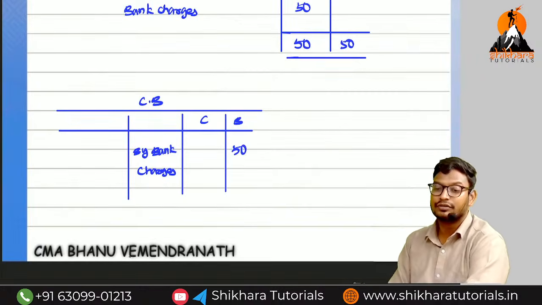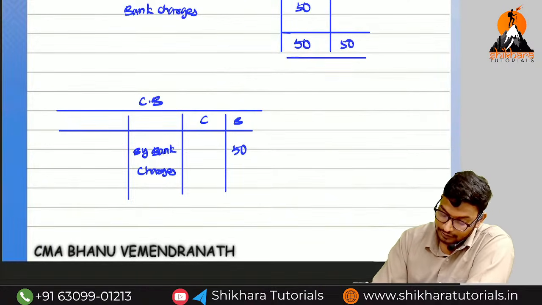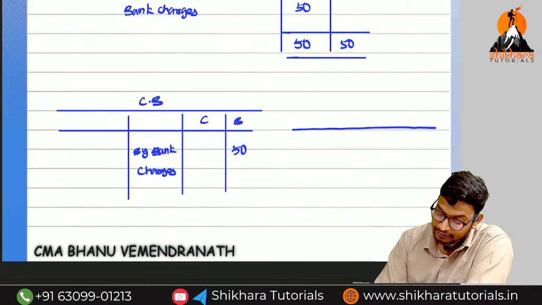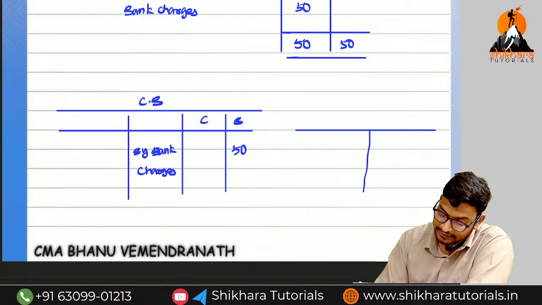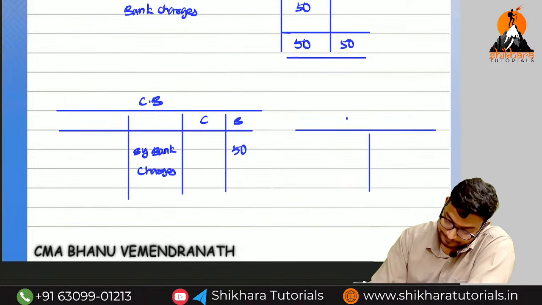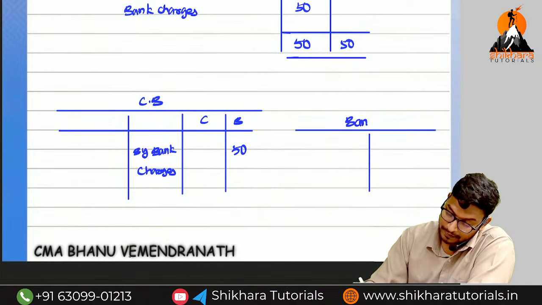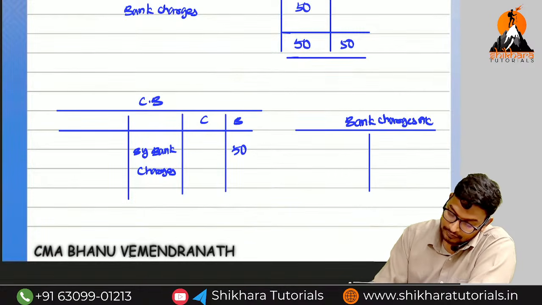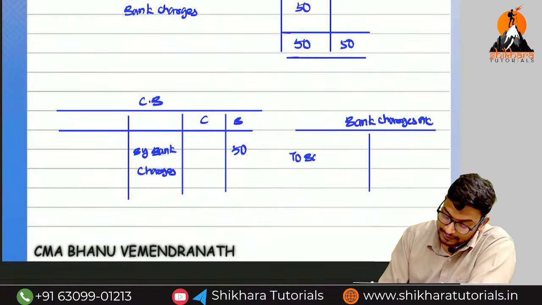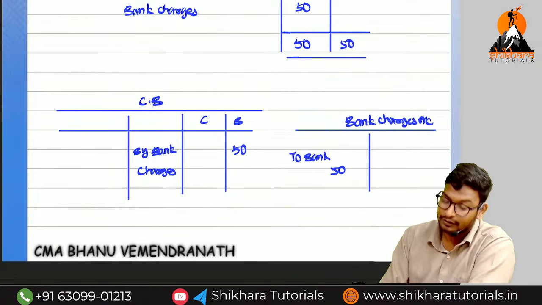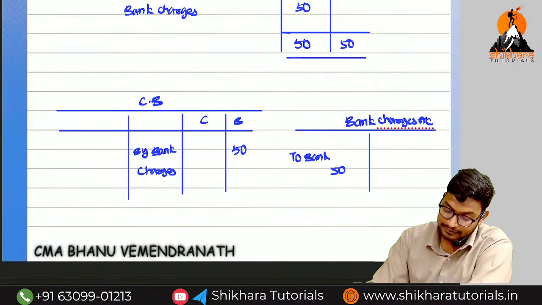But they have recorded in which column? The cash column. So automatically in the bank charges they have recorded on the debit side. Now they will write to bank 50. Now can you say the correct trial balance? Simple, na?